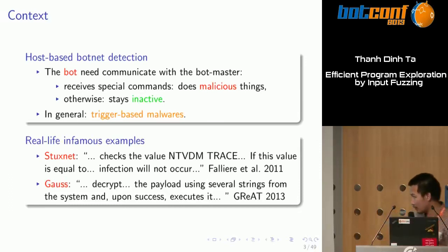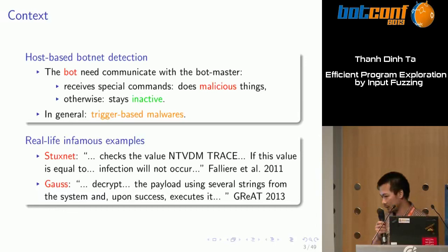A very famous example is Stuxnet and Gauss, and both of them become active if and only if some conditions on the infected host are satisfied. In general, it's called trigger-based malware, because its malicious behavior appears only if it receives some sufficient condition.